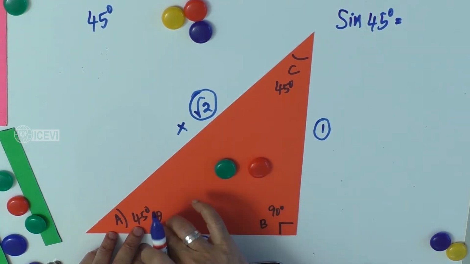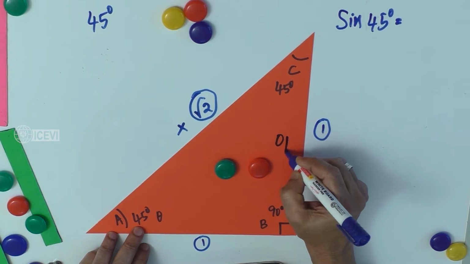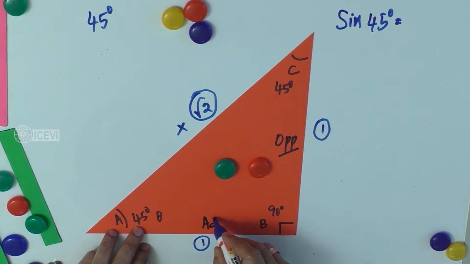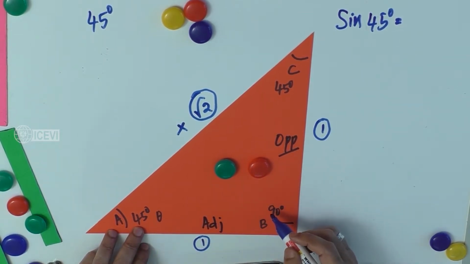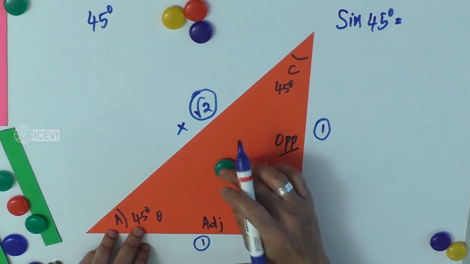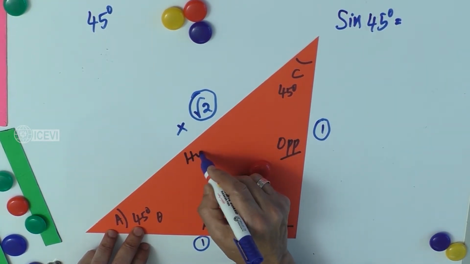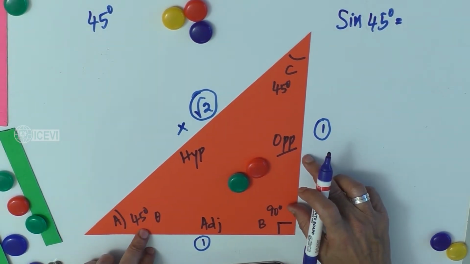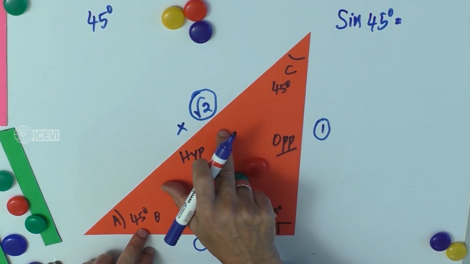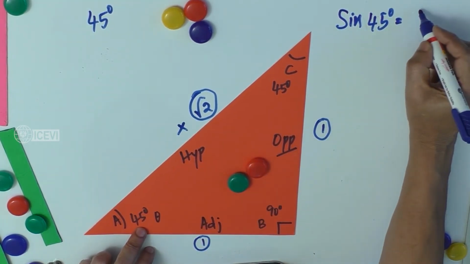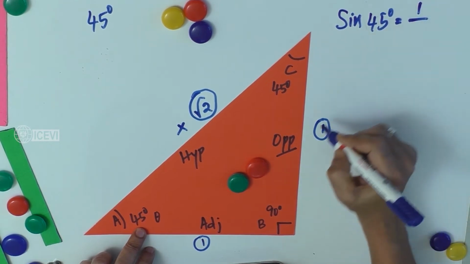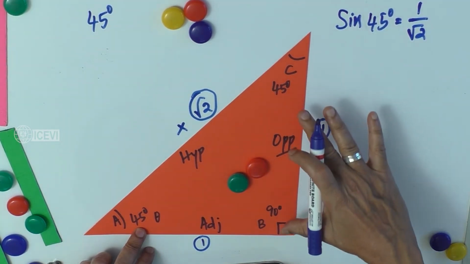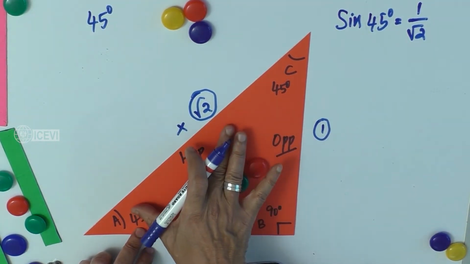The side opposite to the theta is the opposite side, and here AB is the adjacent side, and the side opposite to the right angle is the hypotenuse side. So sine theta, that is sine 45 degrees, is the opposite by hypotenuse. So here it is 1 unit divided by square root of 2, that is nothing but BC by AC.